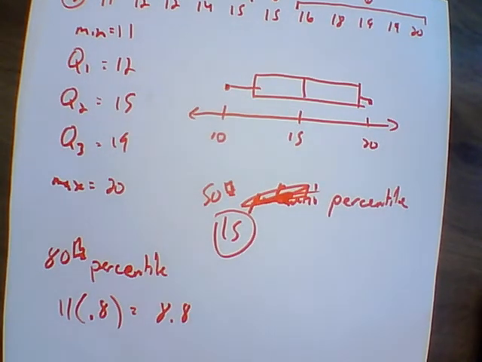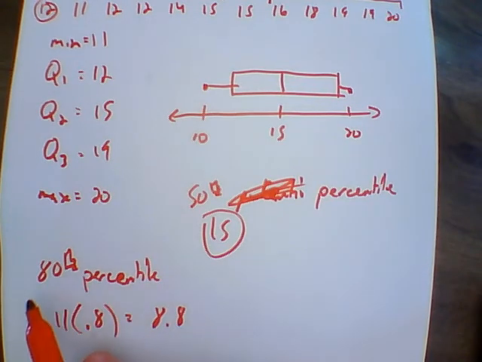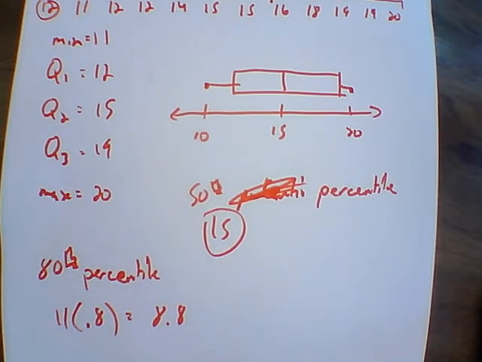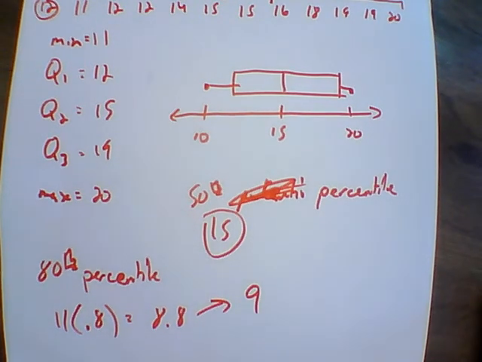Now, this is where we have to start using a little discretion and think about what a percentile is. The percentile means that this has to be below the number that we're referencing. So it has to be below that number, so we're going to round up to the 9th number.